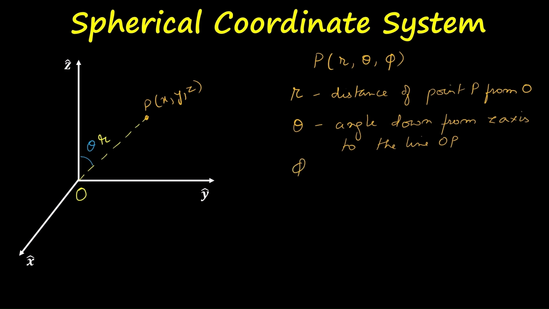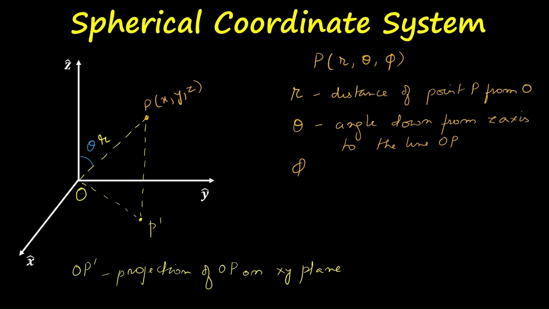What about phi? So for phi, we'll take the projection of OP on the xy plane. So this is the projection. I'll call this point P prime. Now we can join O and P prime. So this OP prime is the projection of OP on the xy plane.